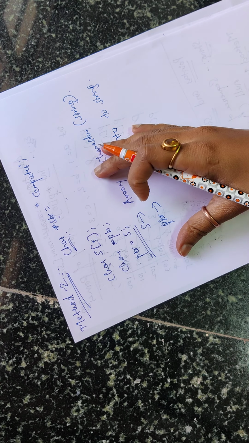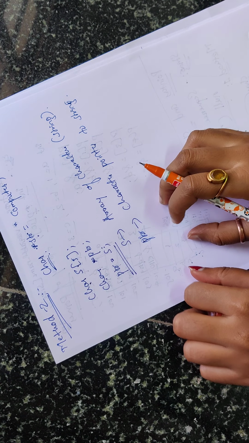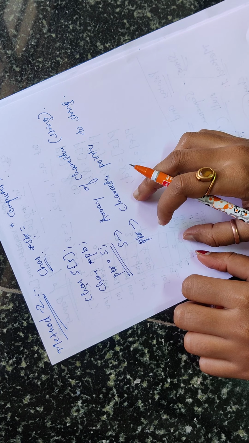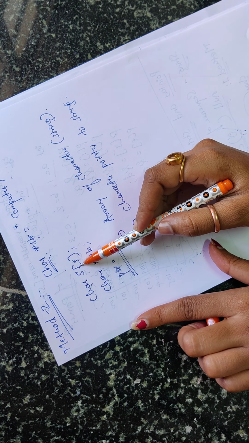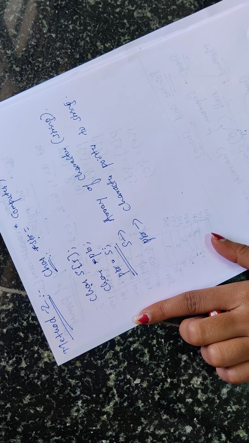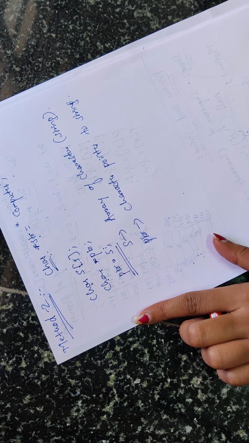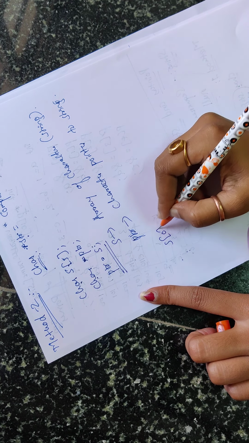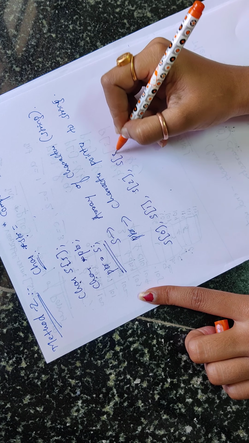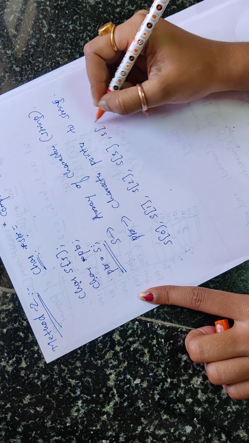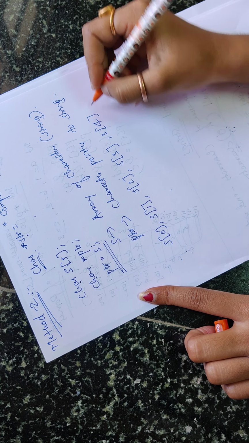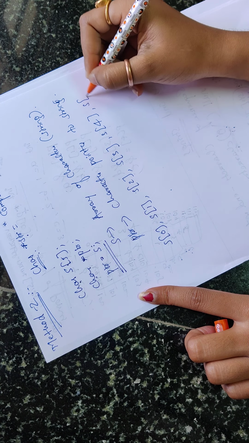Now we'll see how it will work internally. The elements of the array s can be referred to in the program as s of 0, s of 1, s of 2, s of 3, s of 4 and s of 5.